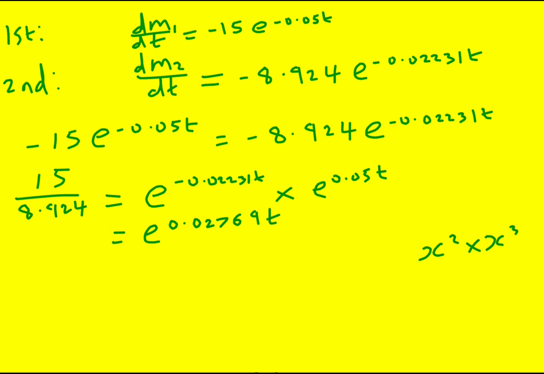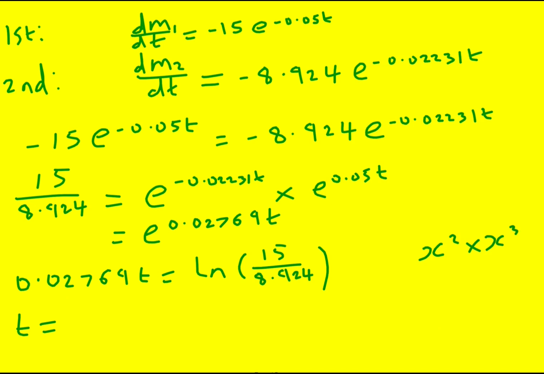So we're nearly there, solving it. 0.02769t is going to equal ln of 15 over 8.924.